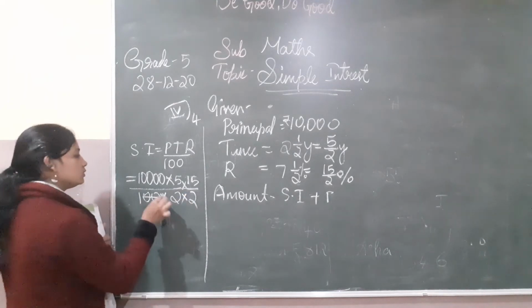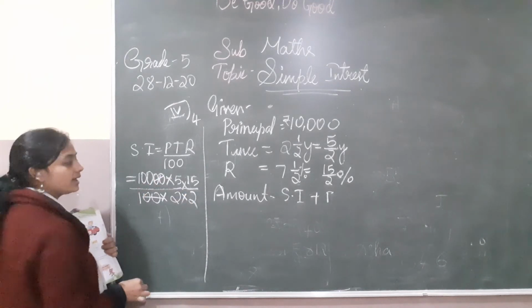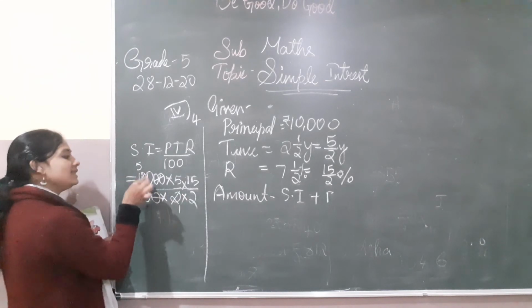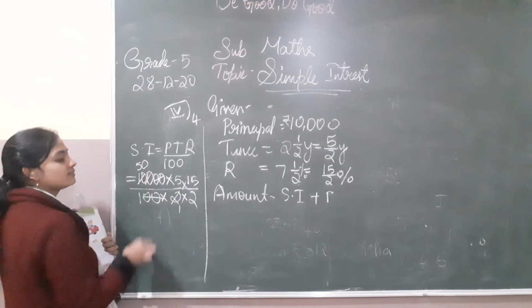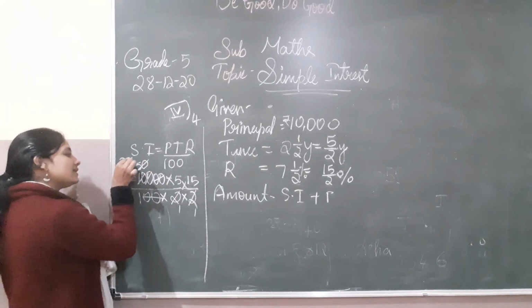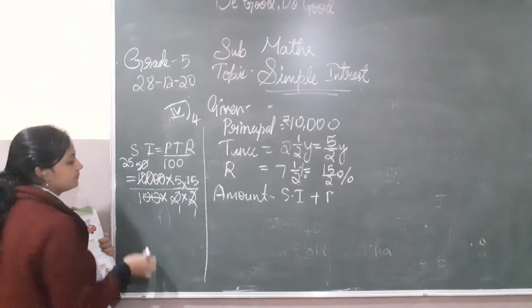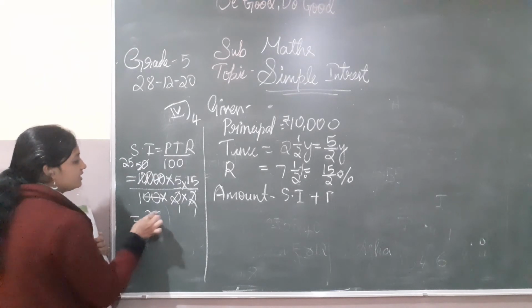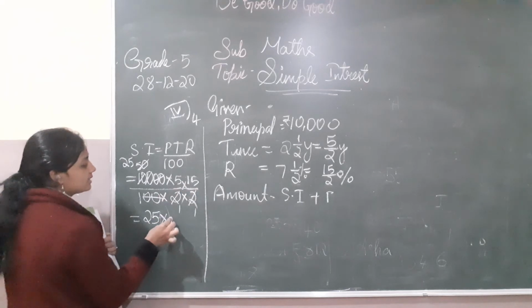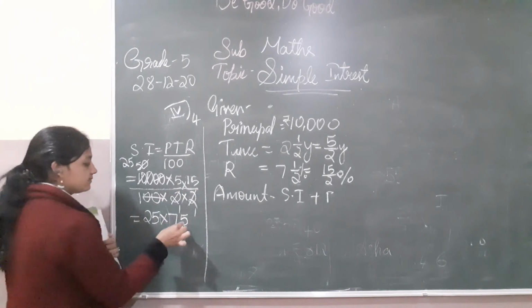So I can cancel two zeros here. And I know 2 ones are 2, 2 5s are 10, and this 0 gives 50. Again I can cancel, 2 ones are 2, 2 25s are 50. So answer will be 25 into, what is the answer for this? It will be 75.